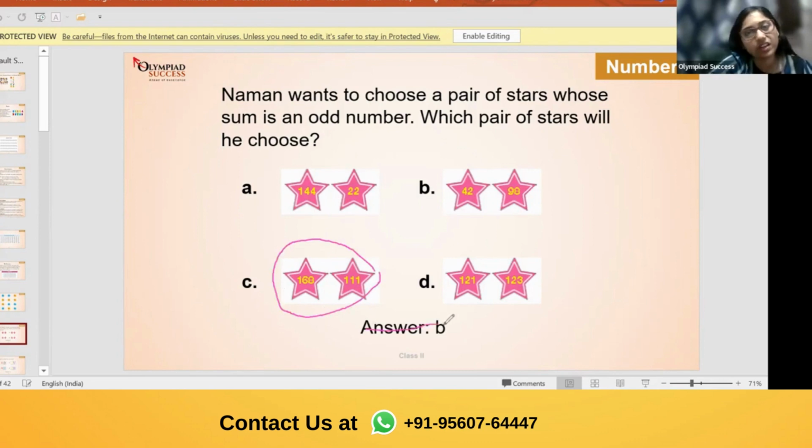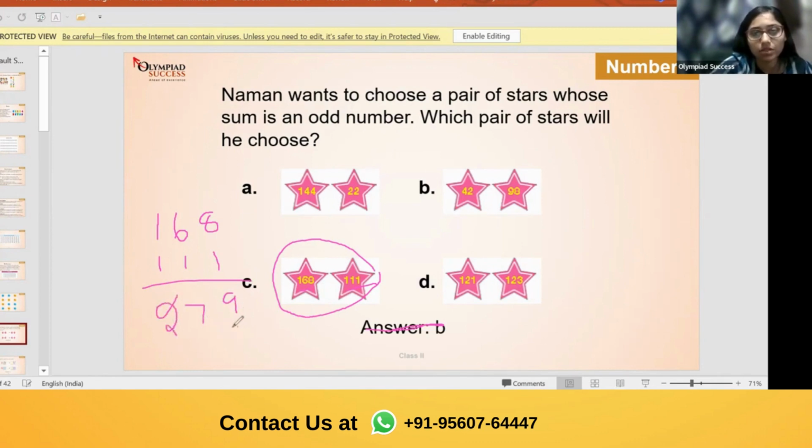This is not B. If you add these two numbers, 168 and 111, you will get an answer in odd. For example, 168, you have to add 111. 8 plus 1, 9. 6 plus 1, 7. 1 plus 1, 2.